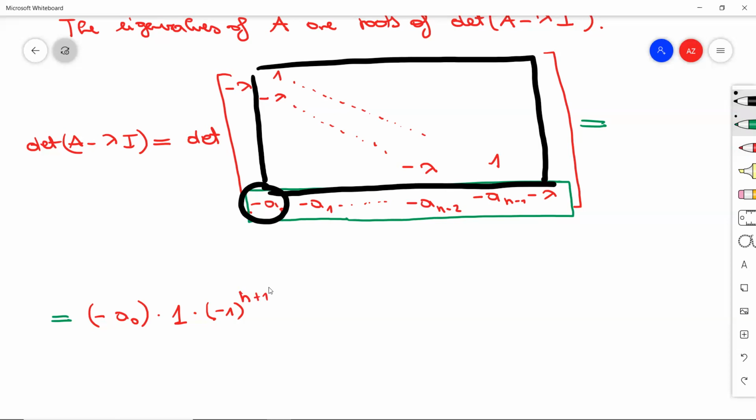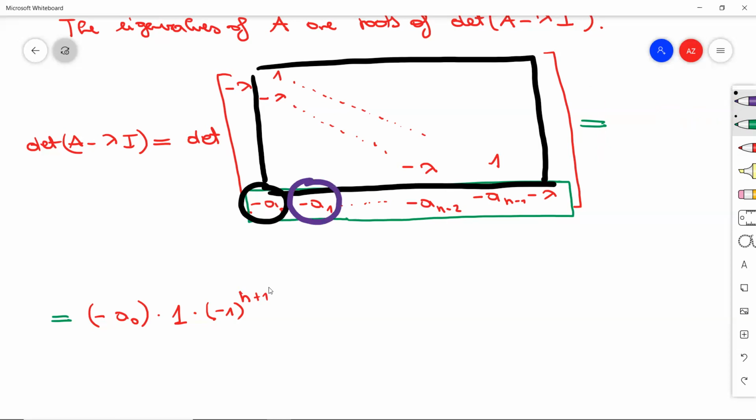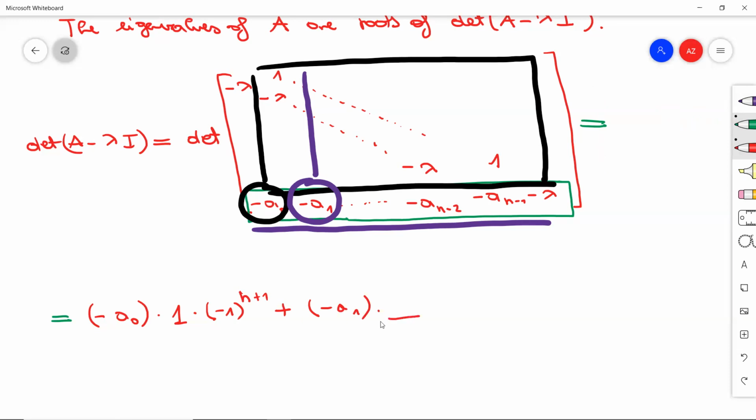And then let's move to another entry, to -a1. So here we have to forget about the second column and the last row. What we get here is plus -a1 times the determinant of the matrix without the second column and the last row.